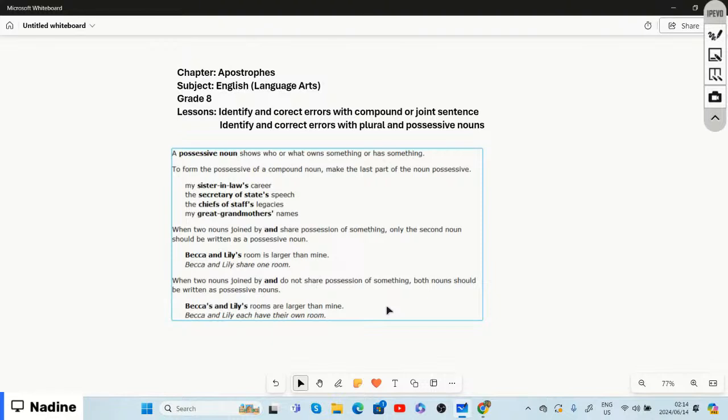Now, here we have Baker and Lily's room is larger than mine.